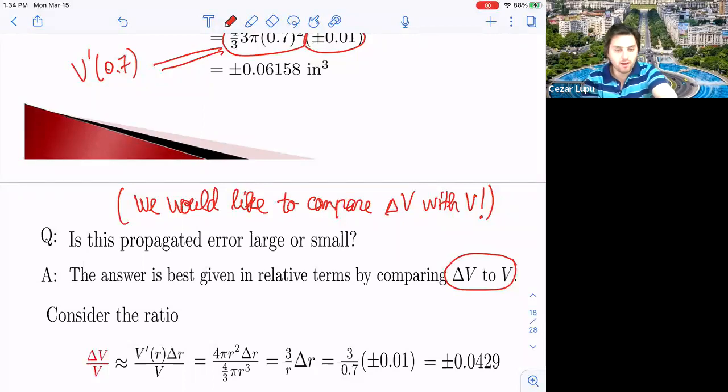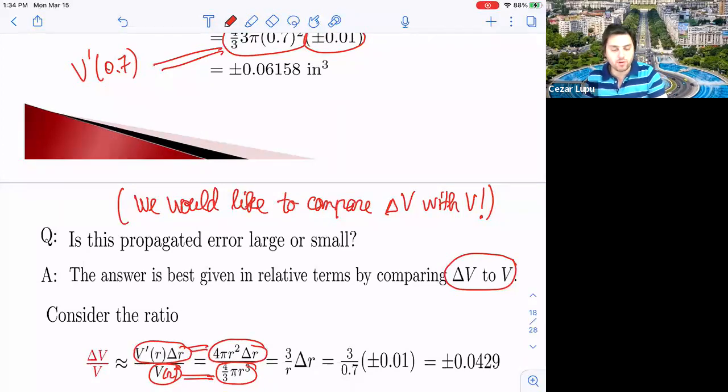So on the top, we have 4 pi R squared delta R, and on the bottom, we have 4/3 pi R cubed, the volume formula, right? This is V of R, which is this here.